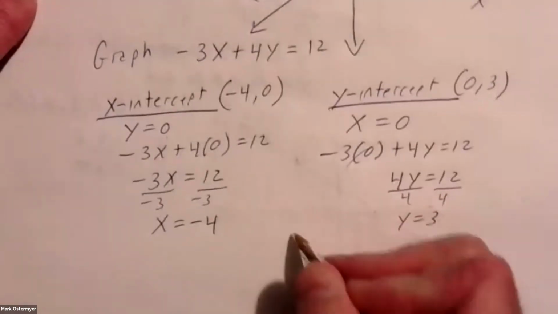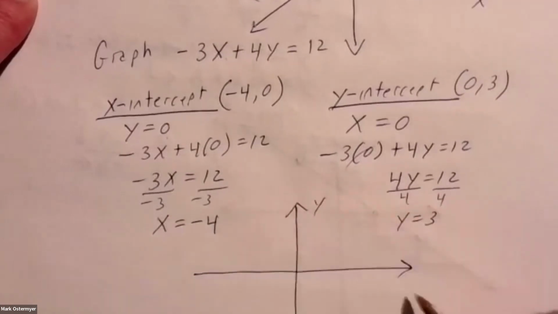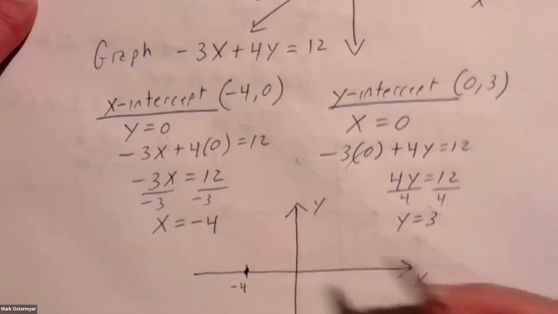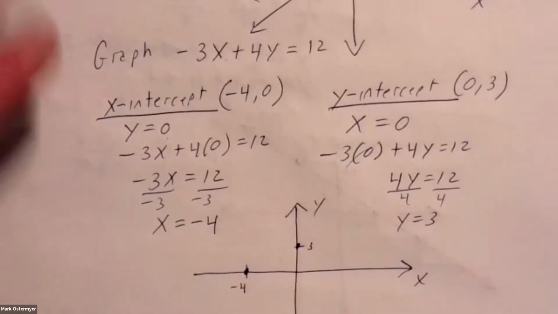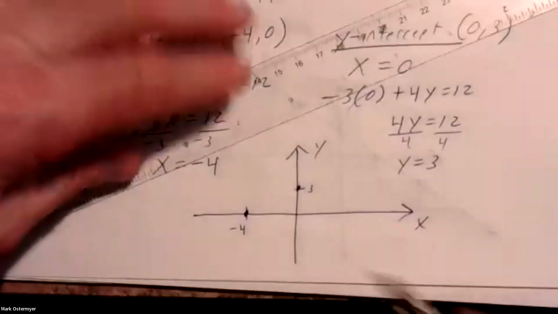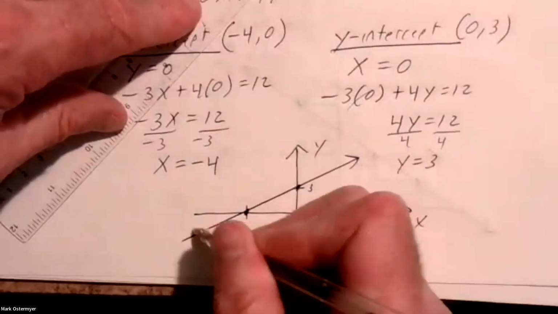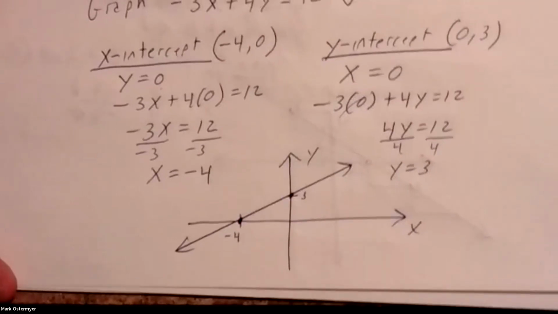So therefore, it's very simple now to graph this linear equation. All you got to do is plot the x-intercept, which is negative 4, 0, and plot the y-intercept, which is 0, 3, take a ruler, put a line through these points, and you have the graph of that linear equation. That's the graph. So we graphed it by finding the x and y intercepts.